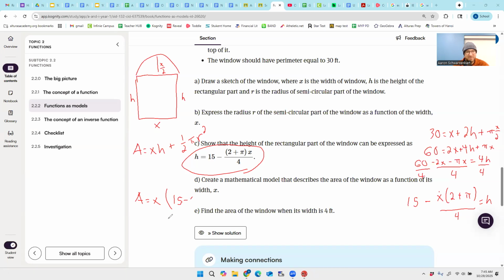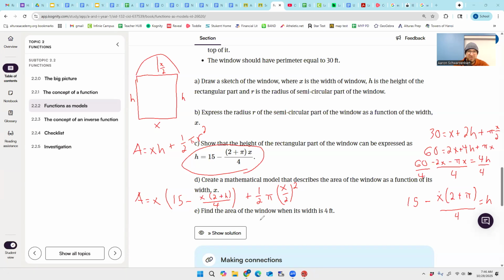Minus, we'll make this a little neater. I can plug in the h that I just found, or the one they gave me, because they're equal. 1/2 pi r squared, where r is x over 2 squared. If you want, you can simplify. I don't think you have to.